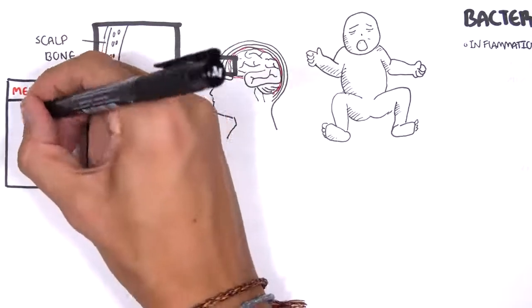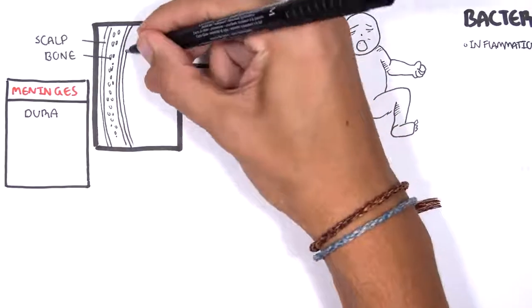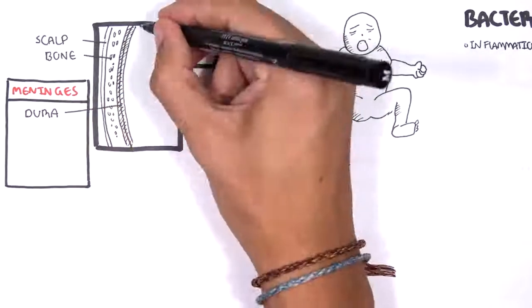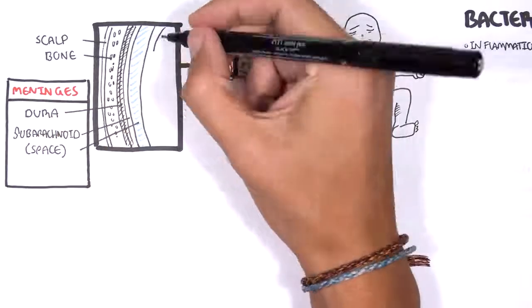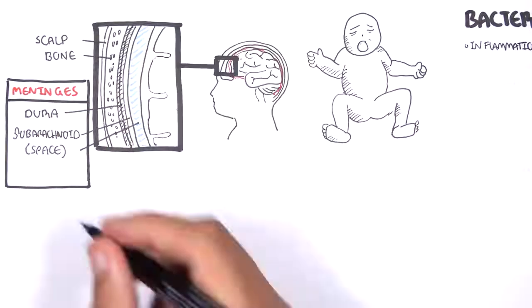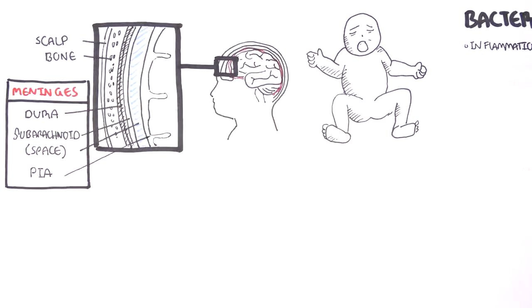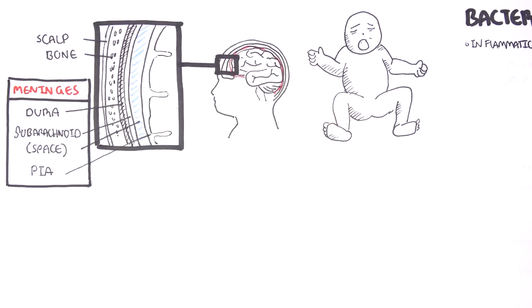Then we have the meningeal layers, which include the dura mater, the arachnoid membrane, the subarachnoid space, which contains the cerebrospinal fluid, and then the pia mater, before we actually have the brain tissue itself. In bacterial meningitis, the bacteria irritate the meninges, these layers, causing inflammation.